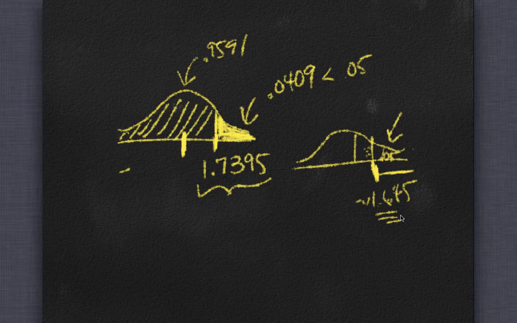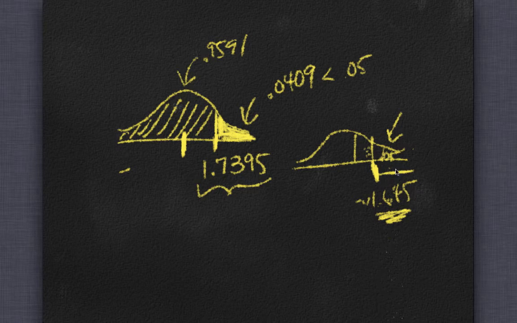So the traditional method would find the value after which you get the 0.05 or the 0.03 or the 0.01, whatever your alpha is. You find the boundary of that, and that is called a critical value, and this is called a critical region. So that's the part where you reject the null, if you're past the critical value, away from the mean, or in the critical region. So then I would have just had to look at 1.7395 and say it's over here.